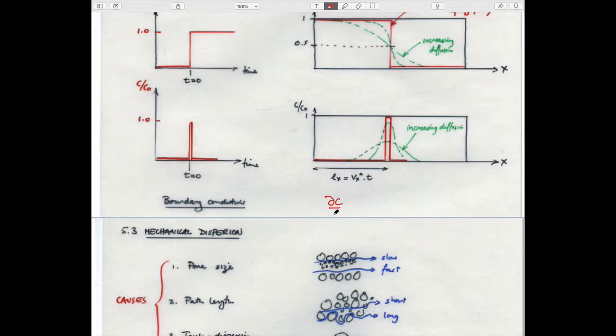Rates of change of concentration with time are equal to the effective diffusion, a second order partial with respect to x squared, minus advective velocity multiplied by a rate of change of concentration with location, first order.